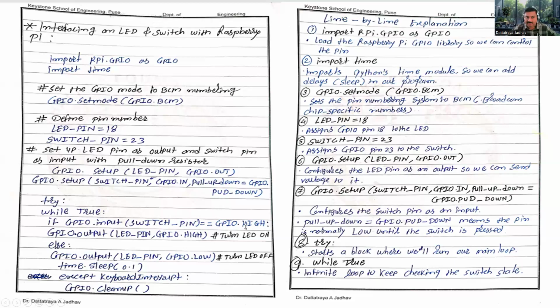If it is high, at that time GPIO.output(LED, GPIO.HIGH) means the LED should be on.